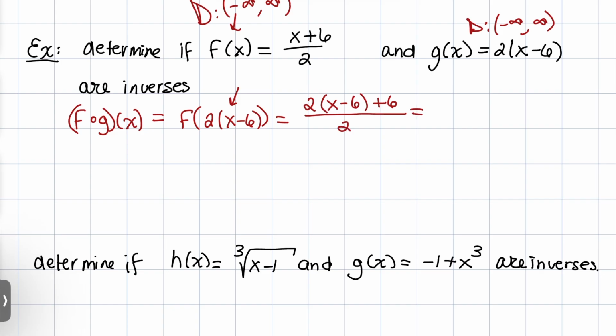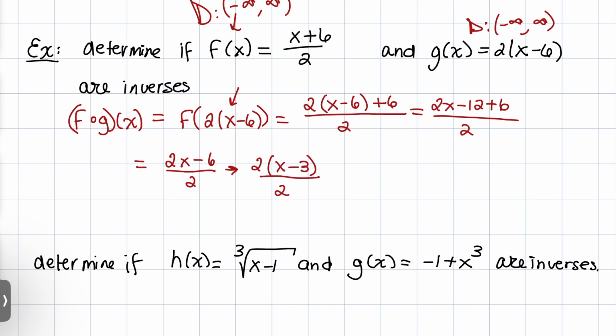So we should get 2x minus 12 plus 6 all over 2, which would reduce down to 2x minus 6 over 2, which reduces down to 2 times x minus 3 over 2, which does not give us x back.